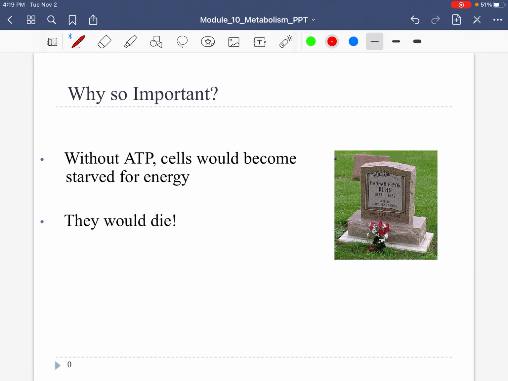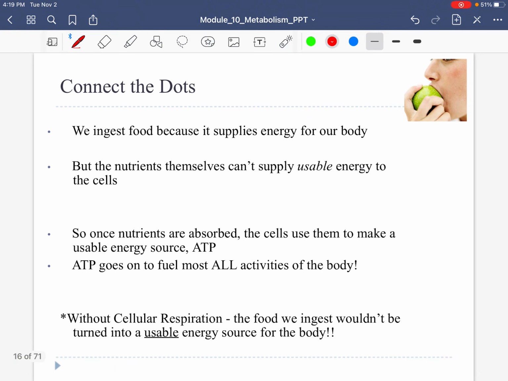We have to convert glucose into ATP because the ATP is the usable energy source. Without that usable energy source, our cells would die. I mean, it takes a lot to get there, let's be honest, but I'm just making a point. That's how important ATP is.